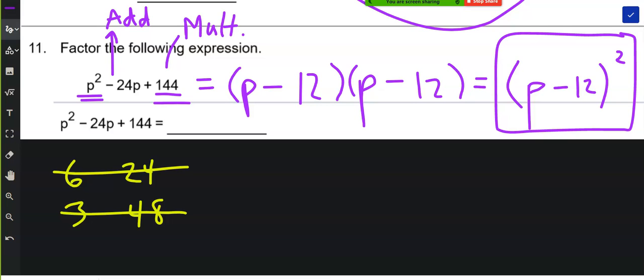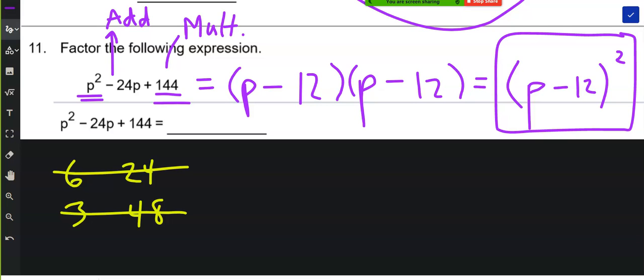Might give extra credit if we go the distance. Anything times itself is squared.